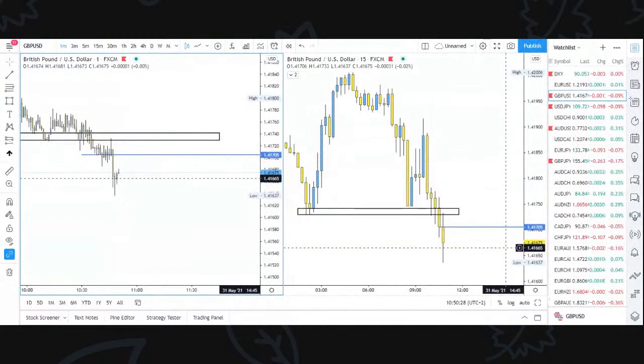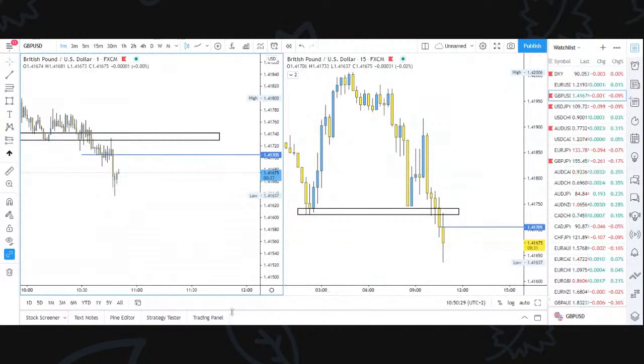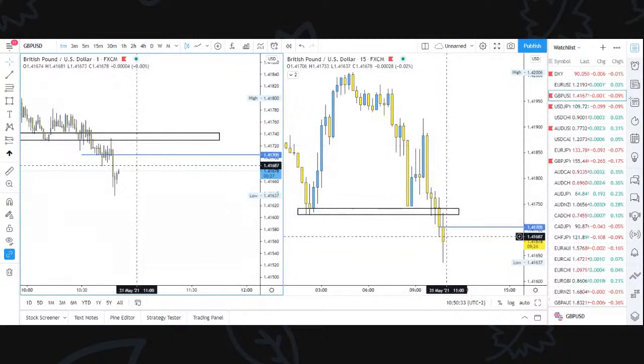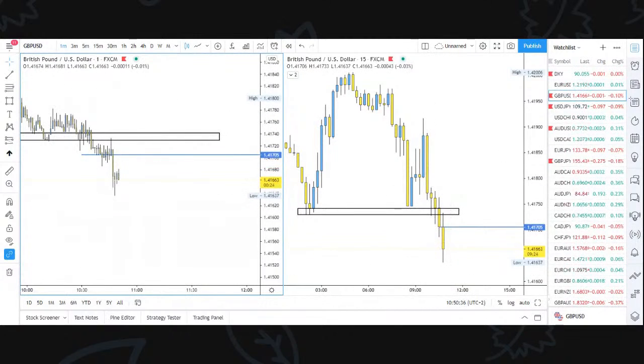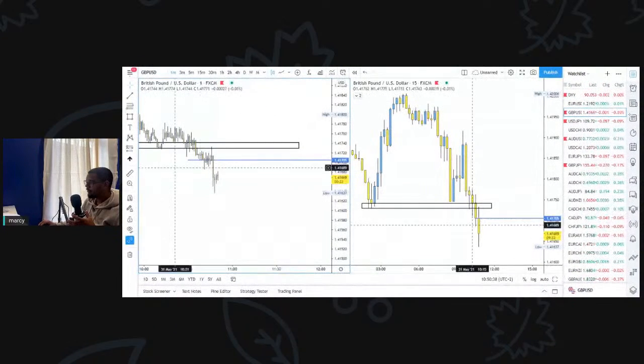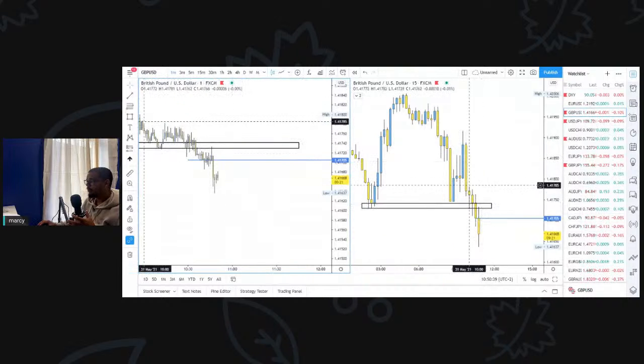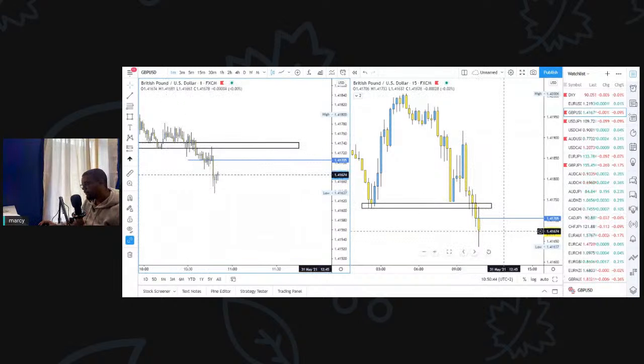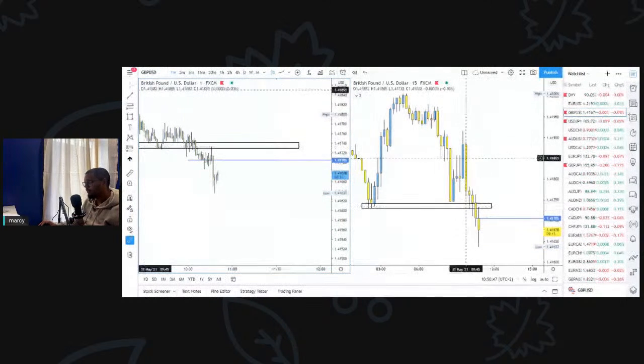But if you look at this push phase, you like the way it looks? It looks like it's been pushing for quite a while. There's quite a bit of downtrending candles, right?